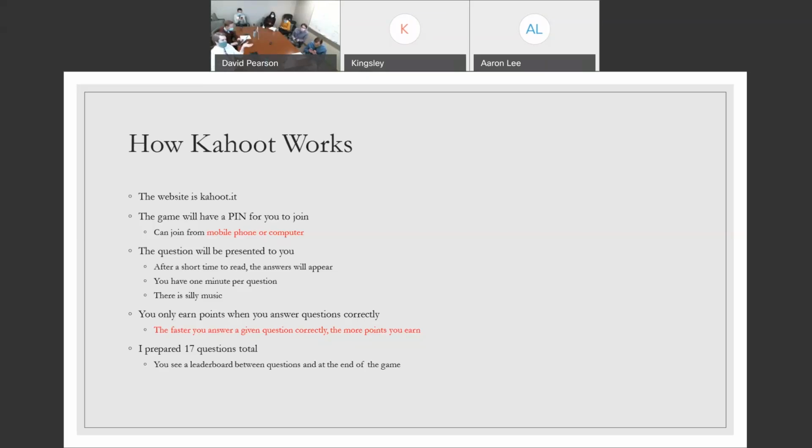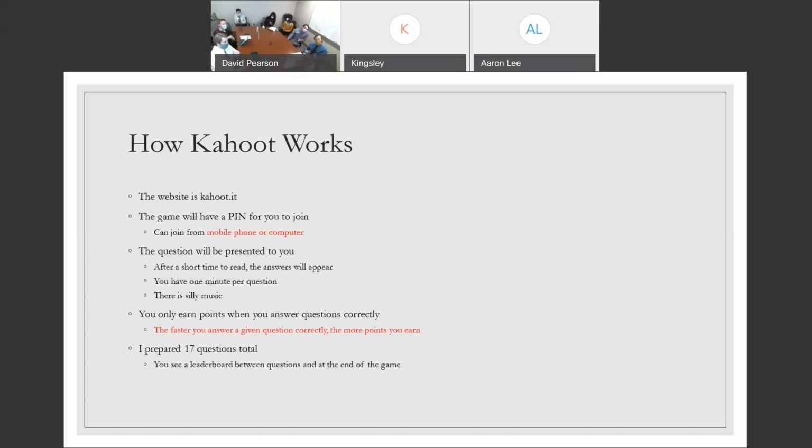A question will be presented to you. You'll have a short time to read it before the answers appear along with the question itself, and there will be some silly music playing. If you just go to kahoot.it, it should say game pin, and that will only show up once I've launched the game on this computer.